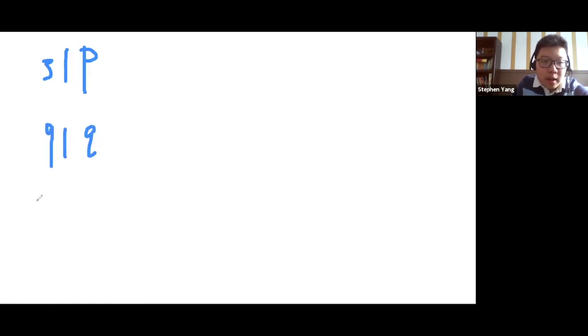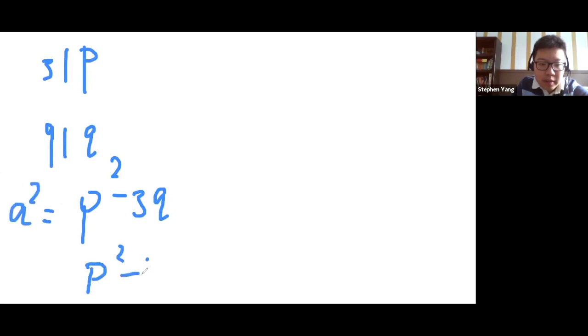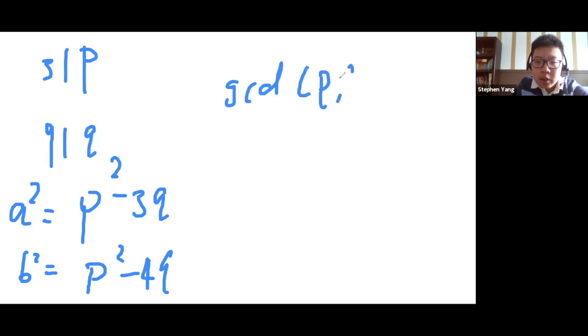So we must have p divisible by 3, q divisible by 9, p squared minus 3q a perfect square equal to a squared, p squared minus 4q also a perfect square, say equal to b squared, and GCD(p, q) equal to 3.